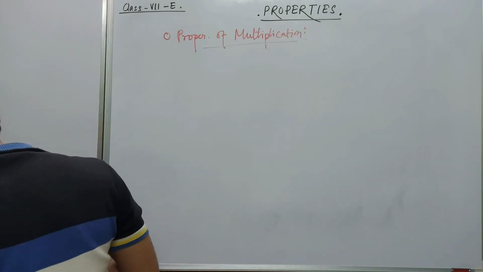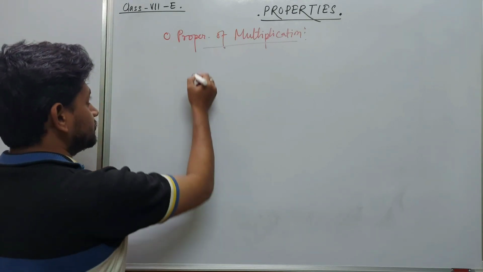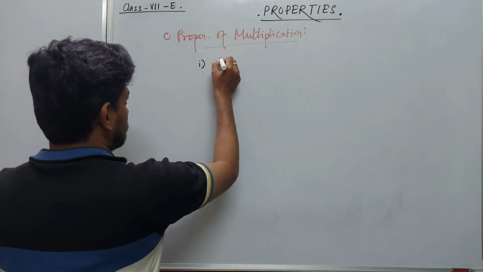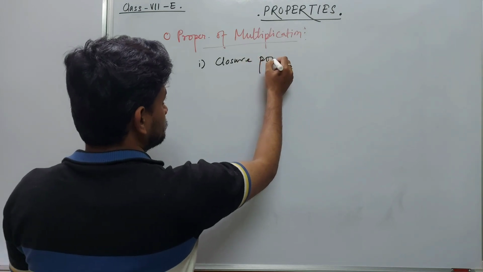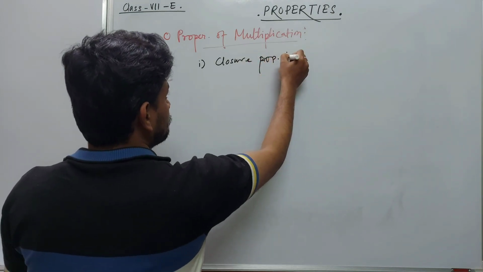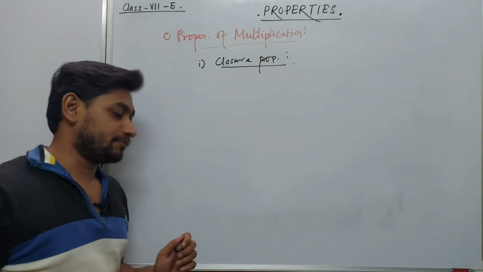Number 1, first property is closure property for multiplication.